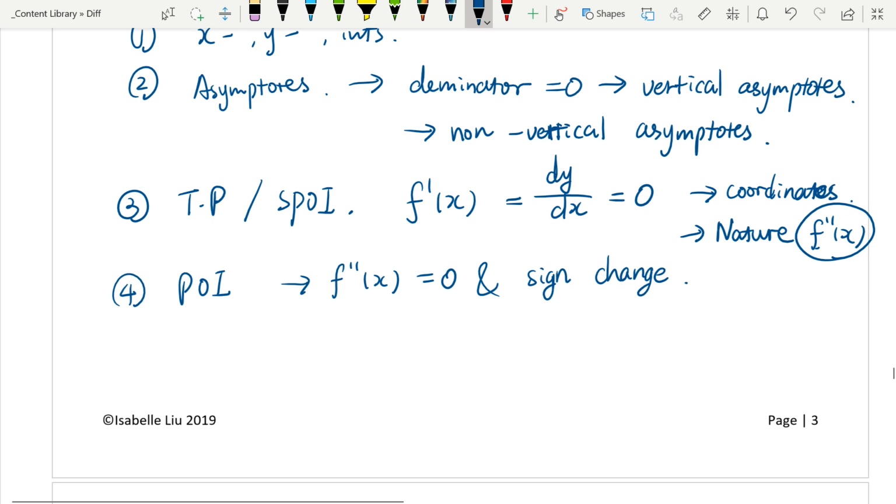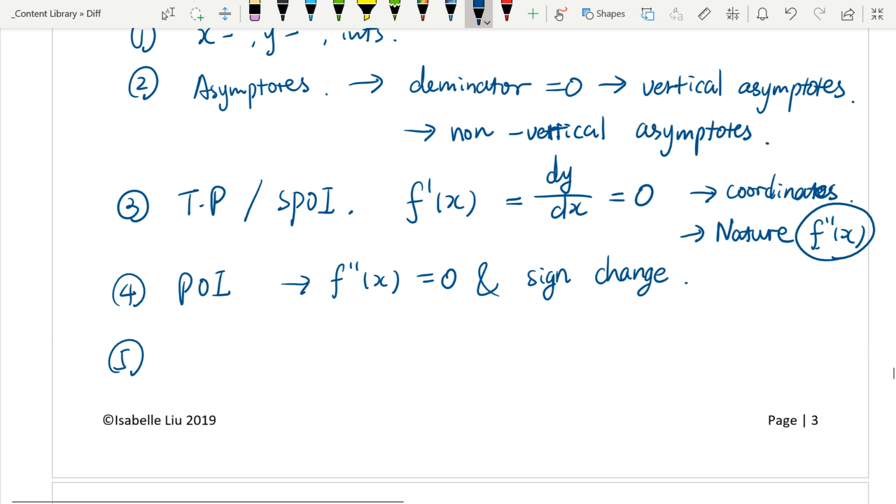What other things may you think about? The behavior of the graph. How do you think about behavior? Does it go to infinity really quickly, or in a slowing way, or is it approaching somewhere?